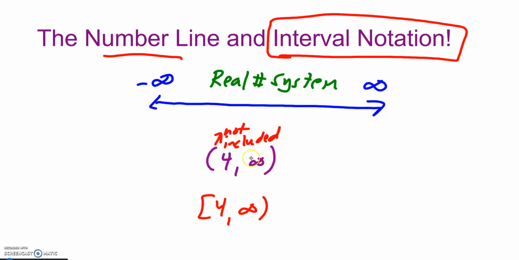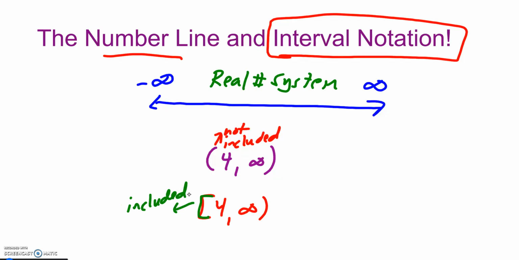And an infinity symbol always has a parenthesis because, again, we put an infinity symbol because we didn't understand how large the number really is. So because we can't touch the number, we're going to have a parenthesis and not a bracket. However, if we do have a bracket, that means that the number is included.